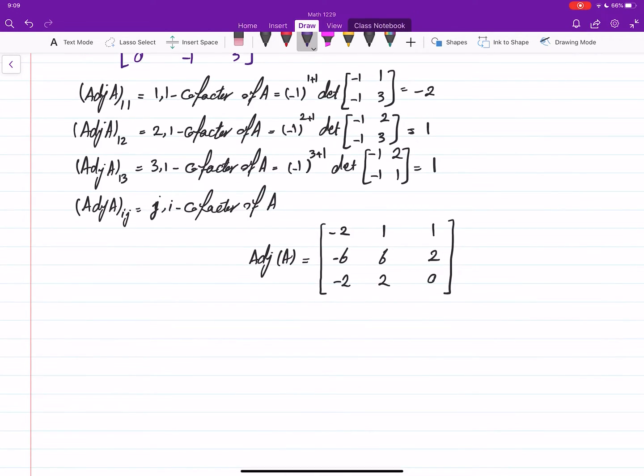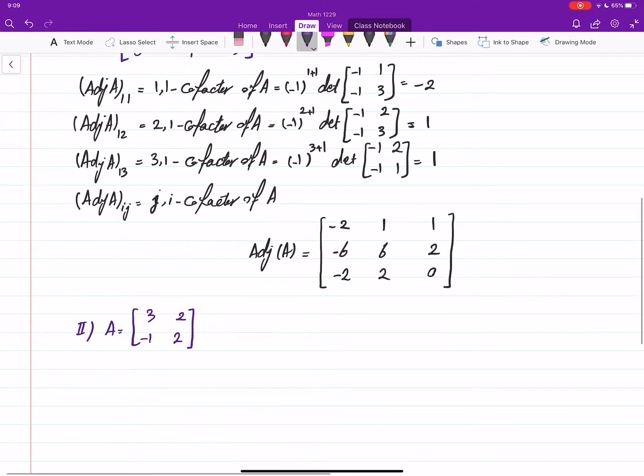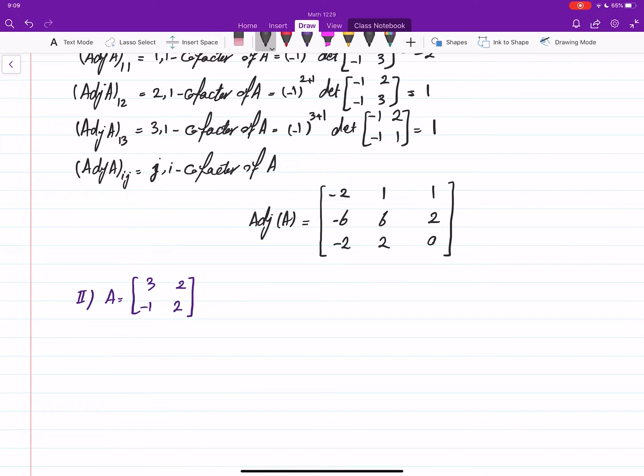Well, in the case of 2 by 2 matrices it is much simpler, and you can find it easily. So here, let us do this one. Adjoint of A in this case is going to be a 2 by 2 matrix, and it's going to have only how many? Just 4 entries.